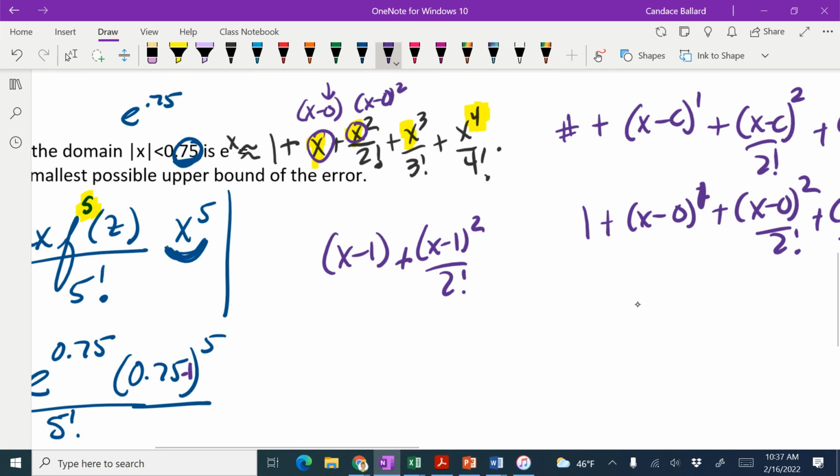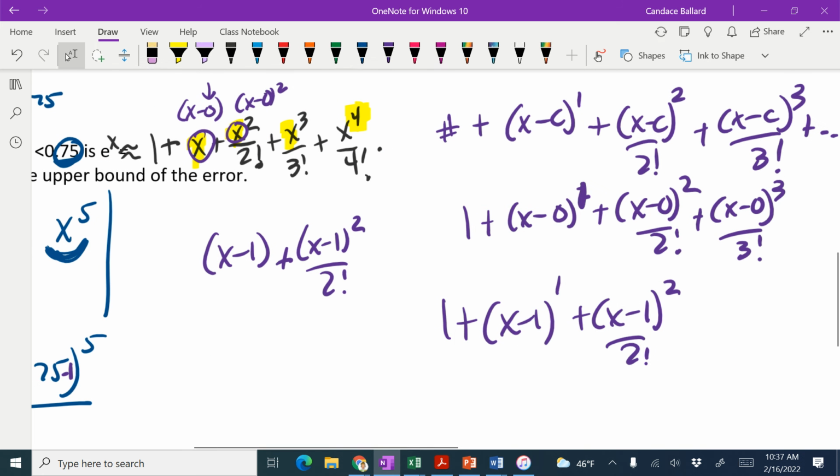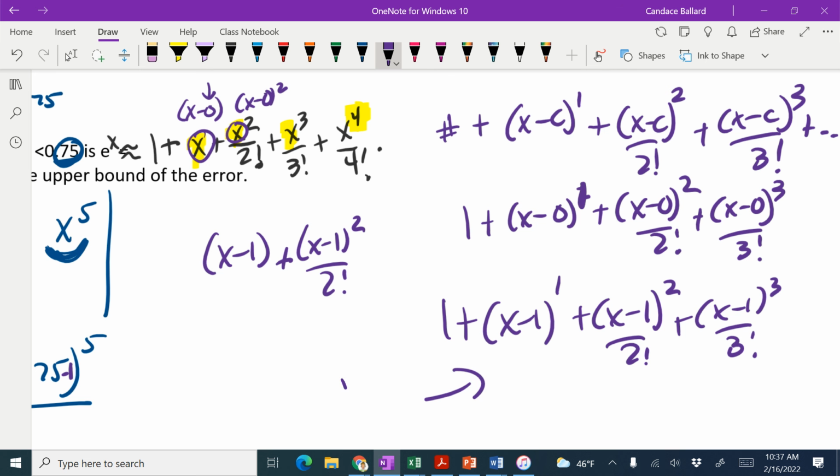If it had been 1 plus x minus 1 to the first plus x minus 1 to the second over 2 factorial plus x minus 1 cubed over 3, then that's Taylor. Does that make sense? Okay. You're going to find a lot of them go towards Maclaurin. You jump for joy when you see Maclaurin, right? Because we know we don't have to mess with that minus whatever. It's just a 0. Okay?